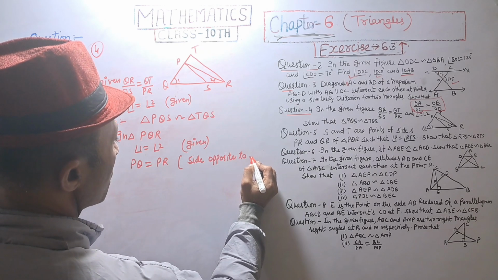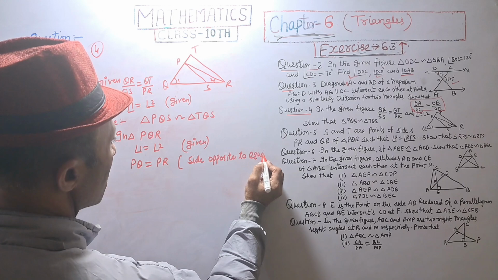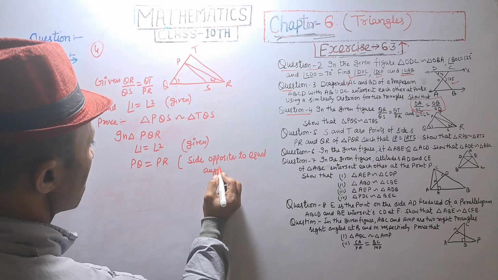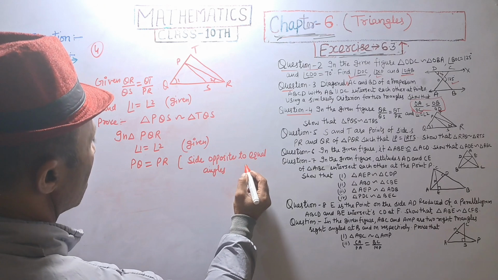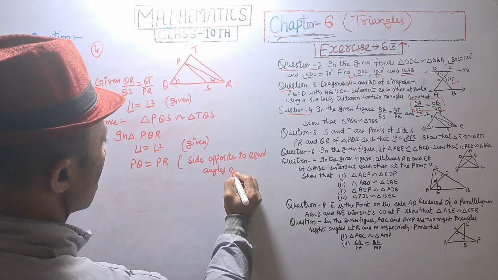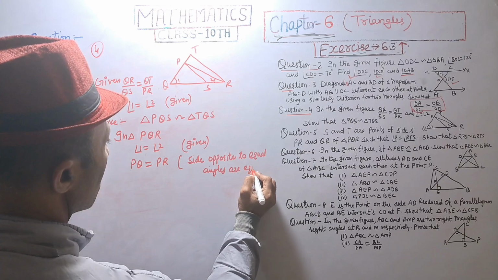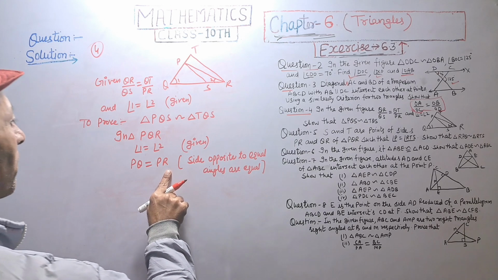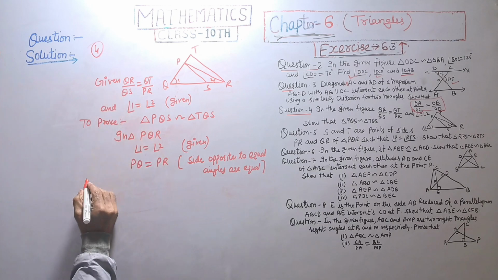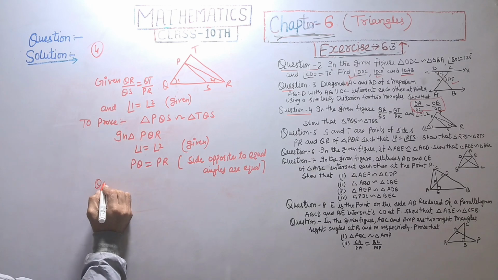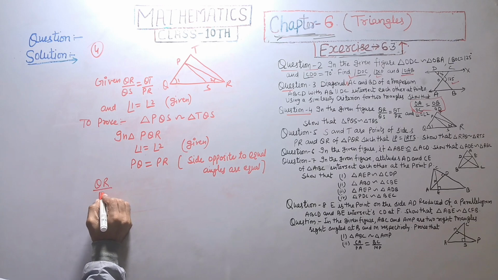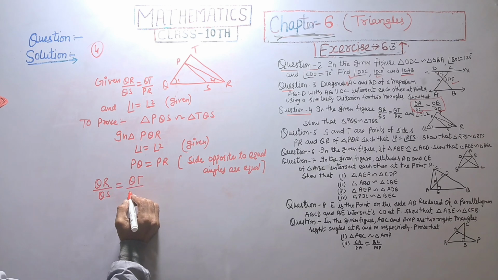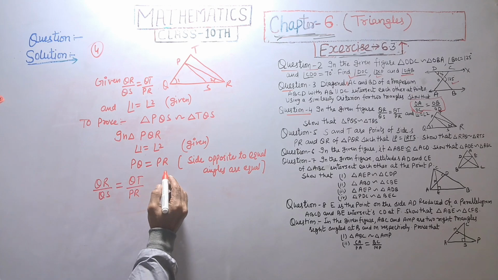Sides opposite to equal angles are equal. So PQ is equal to PR, and given QR upon QS is equal to QT upon PR.